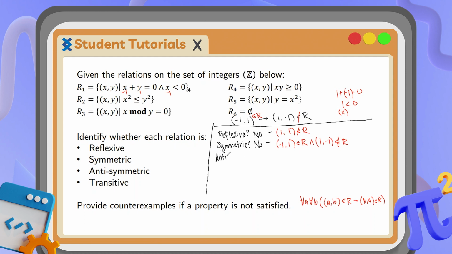Now, what if it's antisymmetric? For antisymmetric, we're saying that for all elements A and B, if AB is in the relation and BA is in the relation, that would mean that A is equal to B. So we noticed already that it's not symmetric based on our counterexample over here.